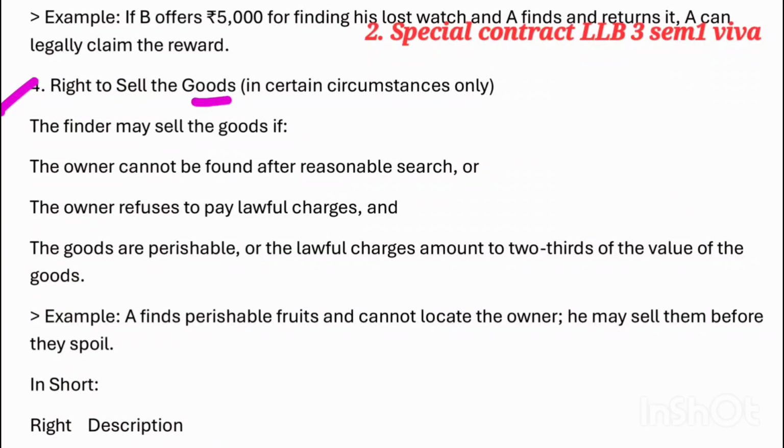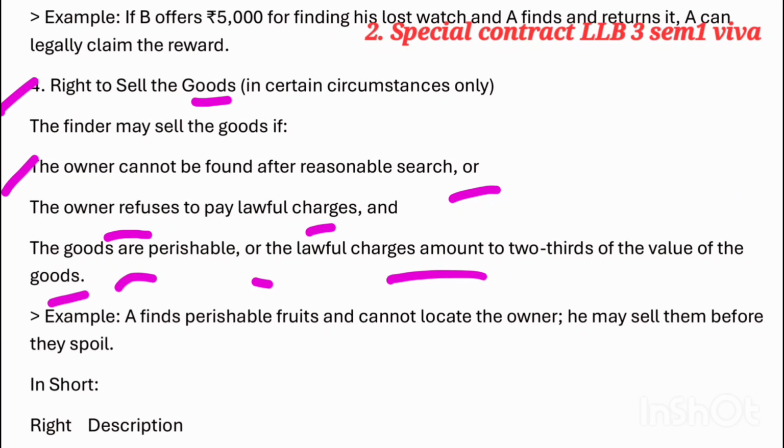Right to sell the goods in certain circumstances only. The finder may sell the goods if the owner cannot be found after reasonable search, or the owner refuses to pay lawful charges, and the goods are perishable or the lawful charges amount to two-thirds of the value of the goods.